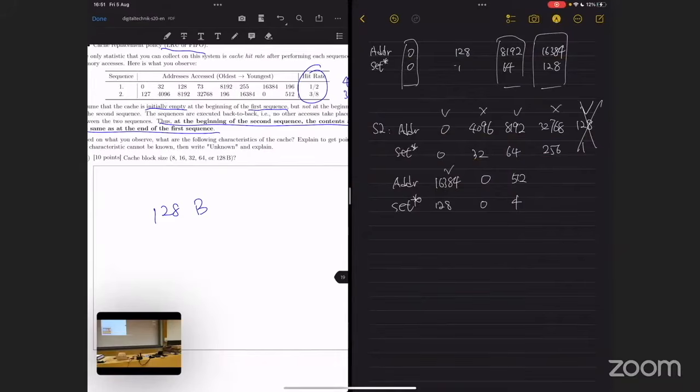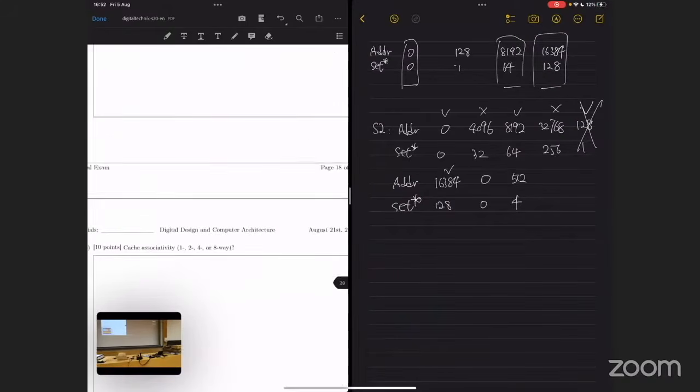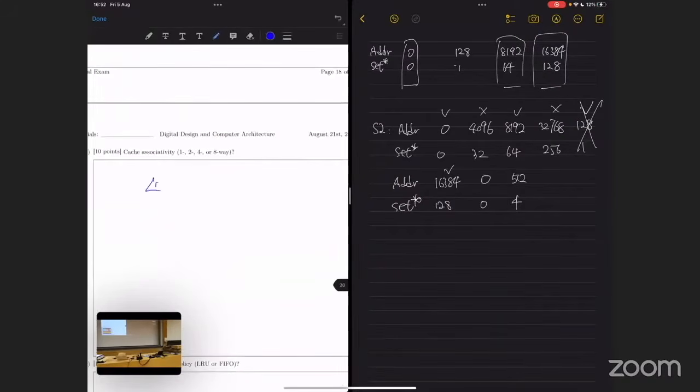Now we already have 4 hits in this case. So it exceeds 3. So we are only left with a possible associativity value of 4-way.